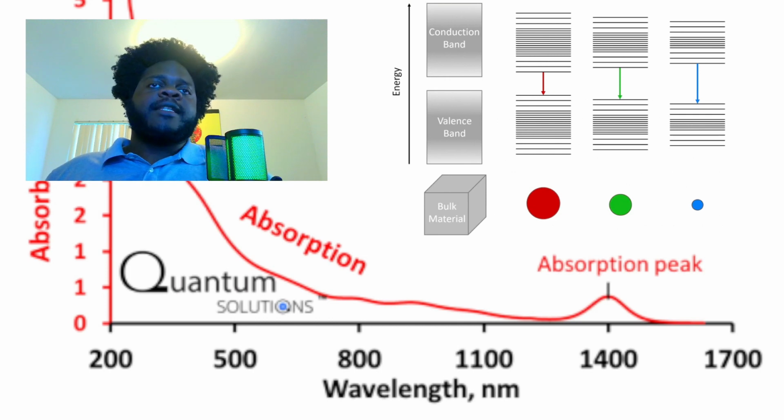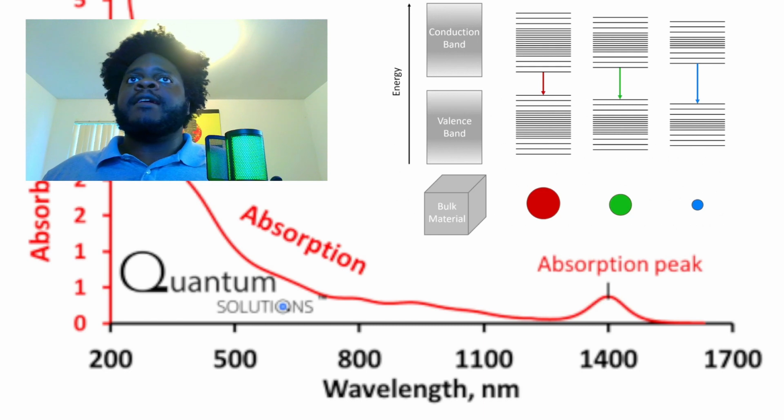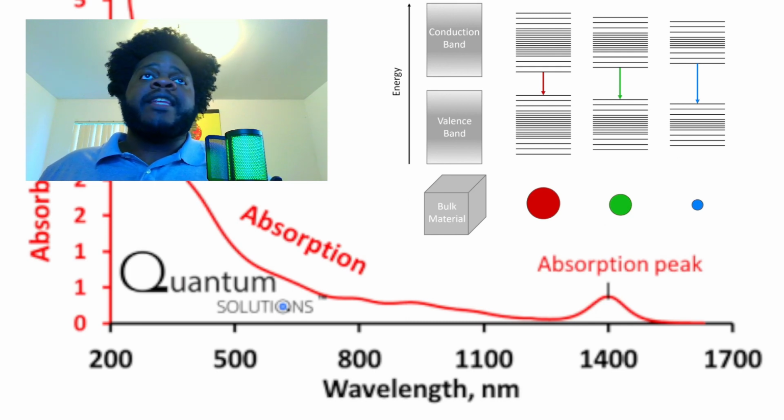It helps to look at something called an energy diagram to understand why these different spectral features show up in a UV-Vis and IR spectrum. If you see here in an energy diagram, you initially have your bulk material. So this is your bulk semiconductor. The different energy levels are basically continuous.